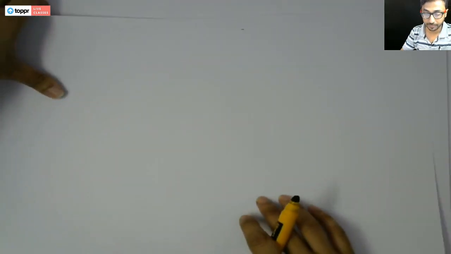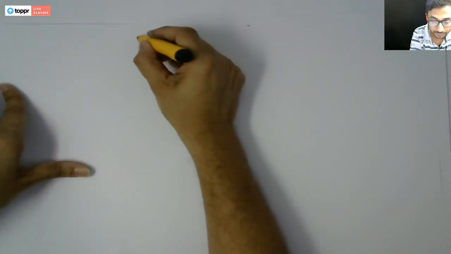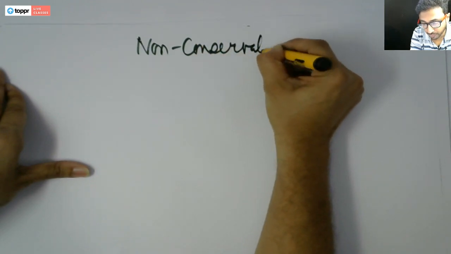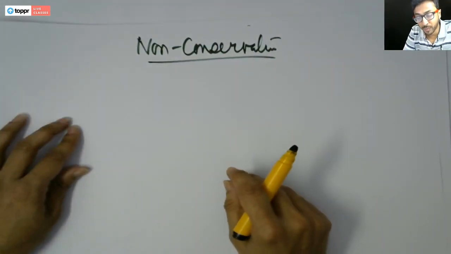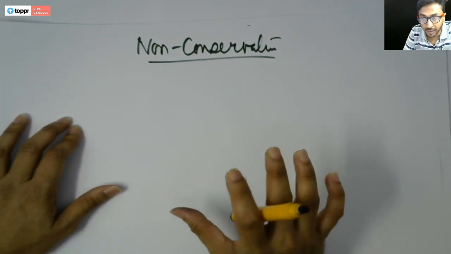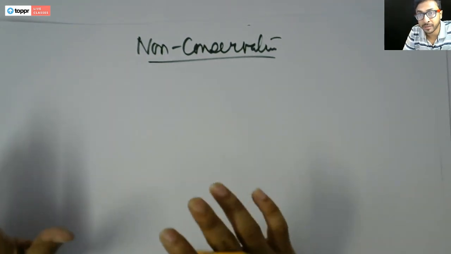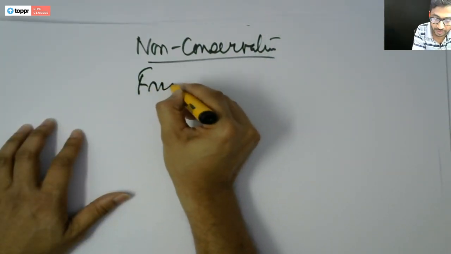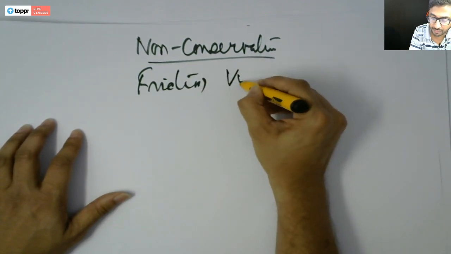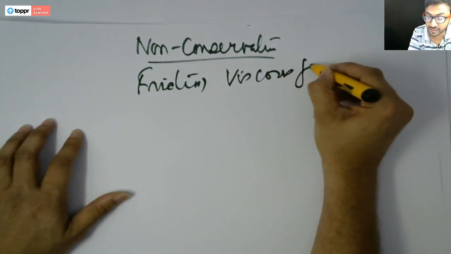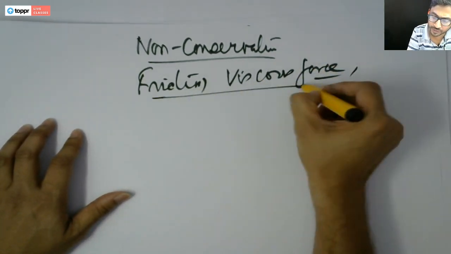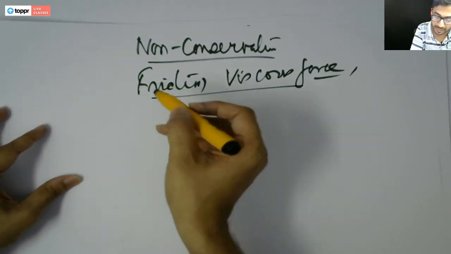Now what are non-conservative forces? It is evident from the word non-conservative, it is not conserving the energy, that is the work done; some energy is getting lost. All kinds of friction, viscous force, viscous drag, surface tension, all these are non-conservative forces. Let us say friction.